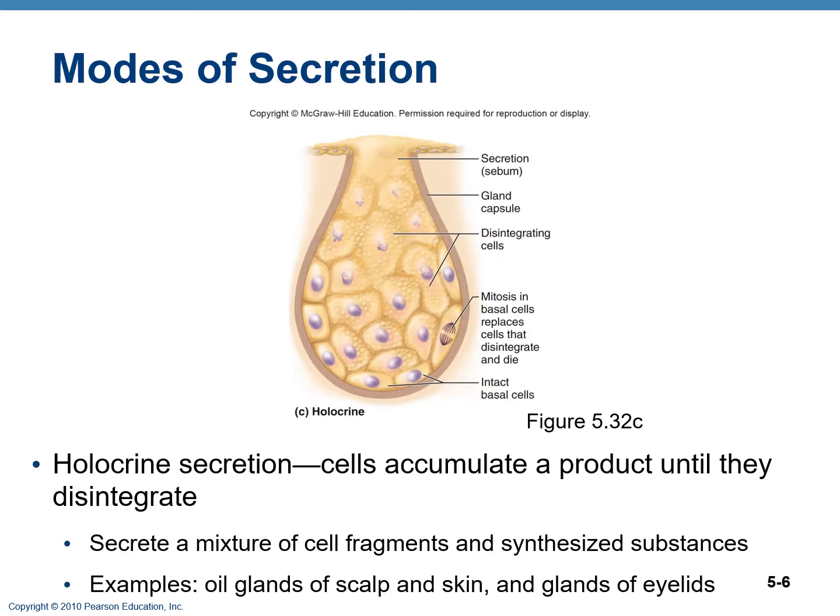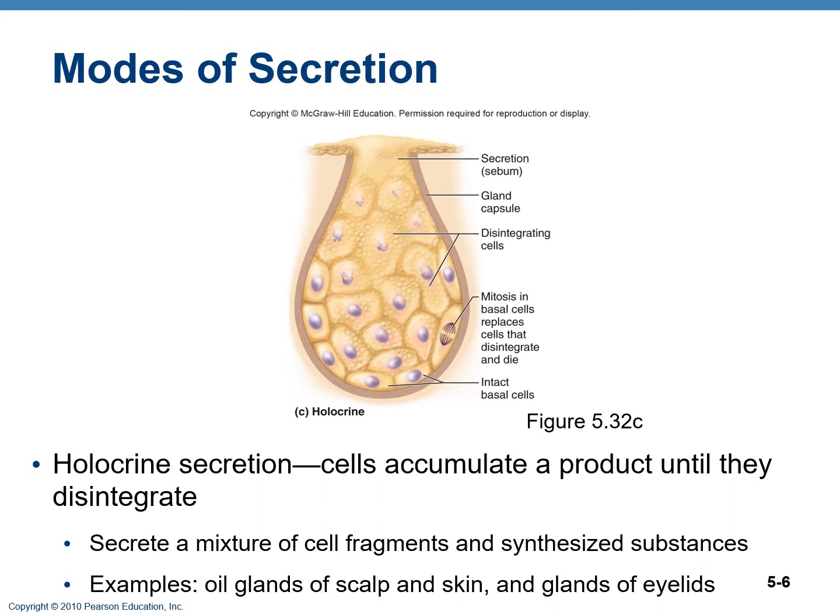And then finally we have holocrine secretion, which is where cells accumulate a product until they disintegrate. So the secretion in this case is actually going to be a mixture of synthesized substances and fragments from those cells that have disintegrated. Examples here would be oil glands in the scalp and skin, as well as glands of the eyelid.